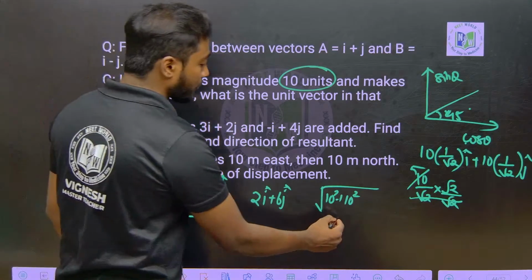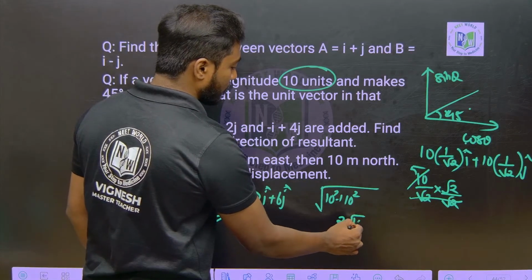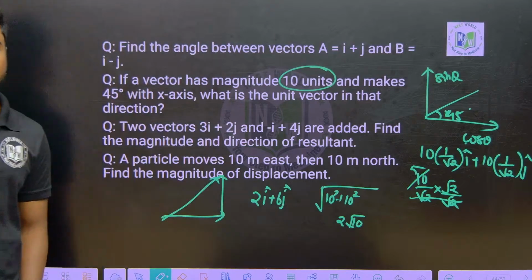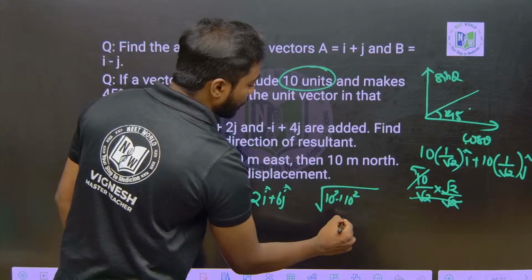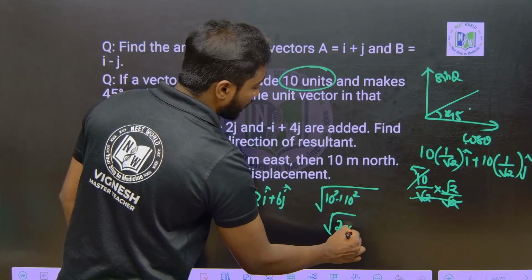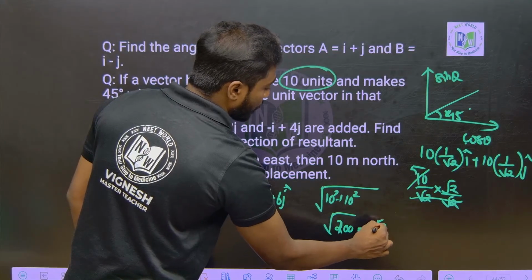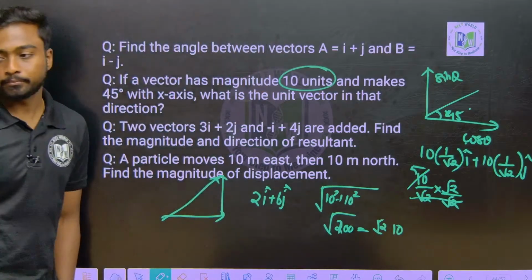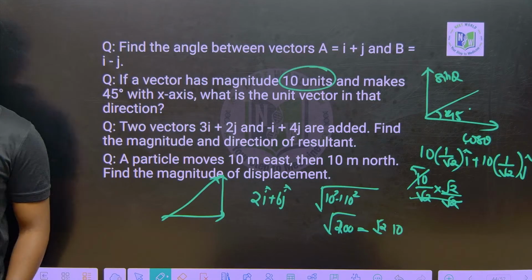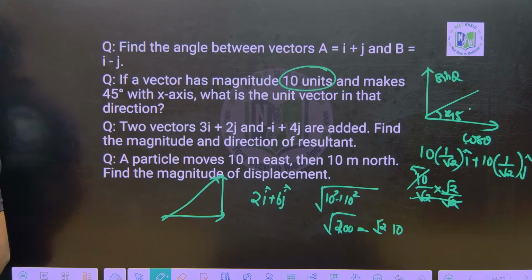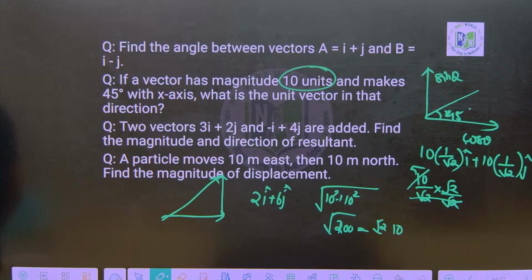The answer will become 10 root 2, no? Yeah, 10 root 2. This is under root of 200. I can take root 2 and 10, 10 root 2. So give the answer for the third and first question. We'll end with this. I can use that parallelogram law.